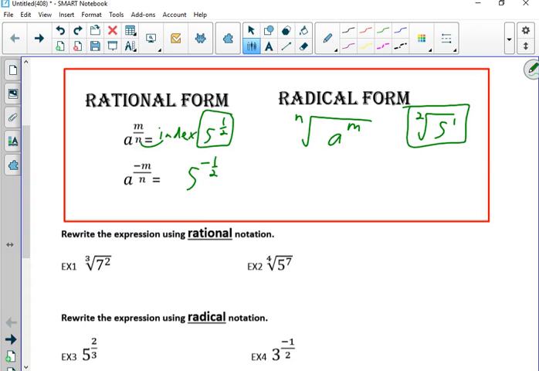All that's going to mean is we're going to have 1 over the radical, and there's your index number out there. That just means the inverse. So this would just be 1 over the square root of 5. Again, we put those numbers out there, we don't have to.